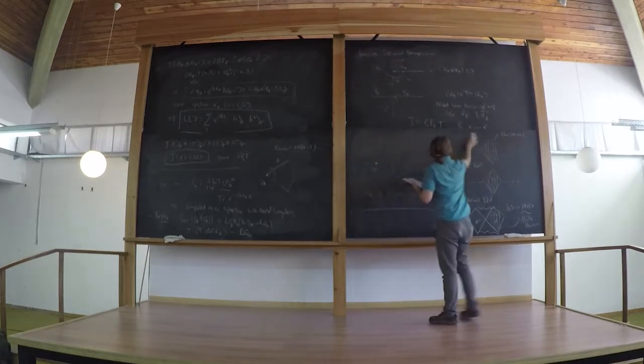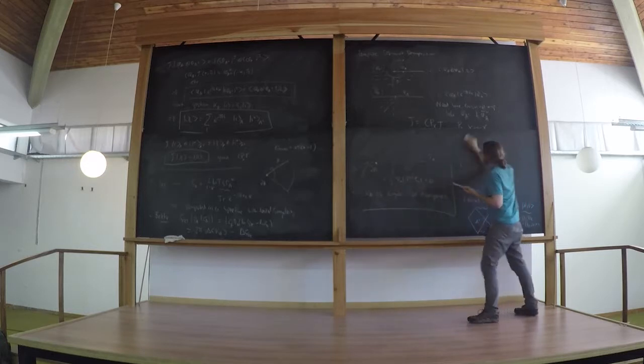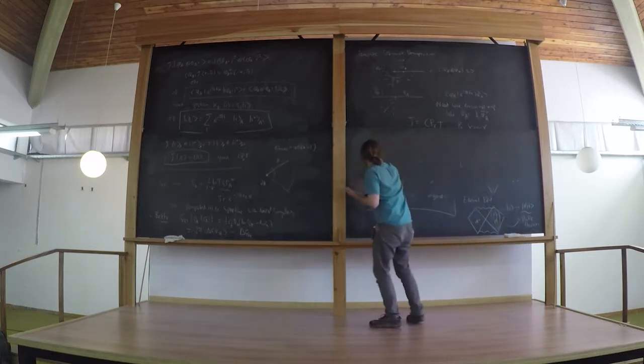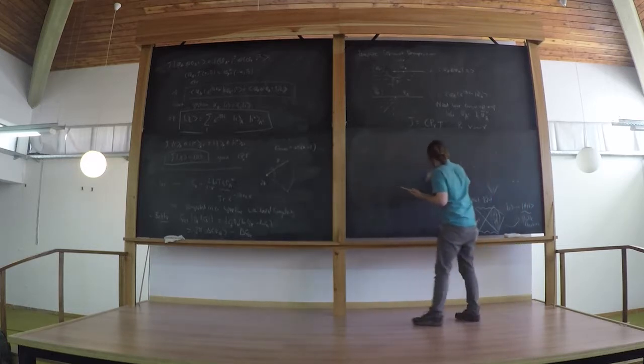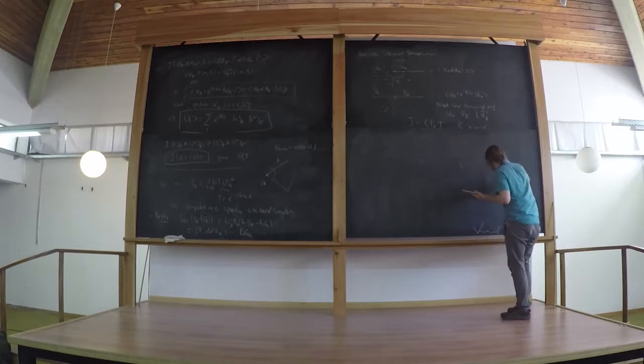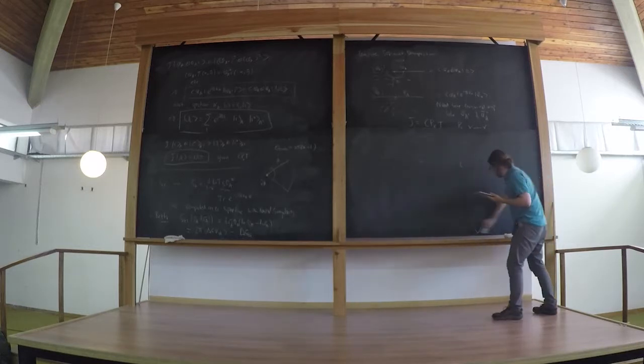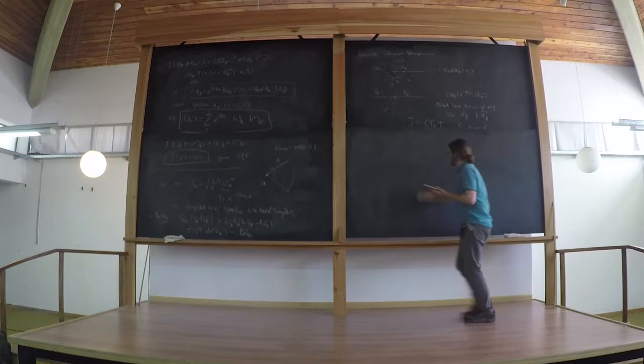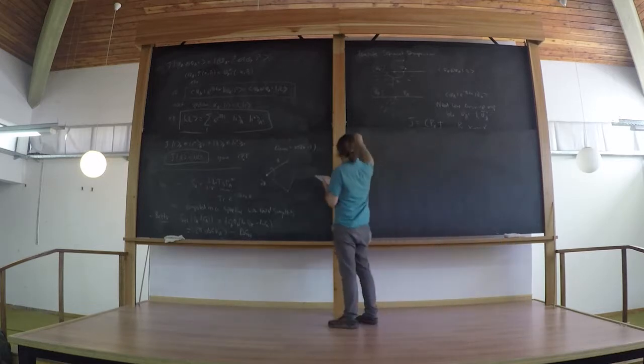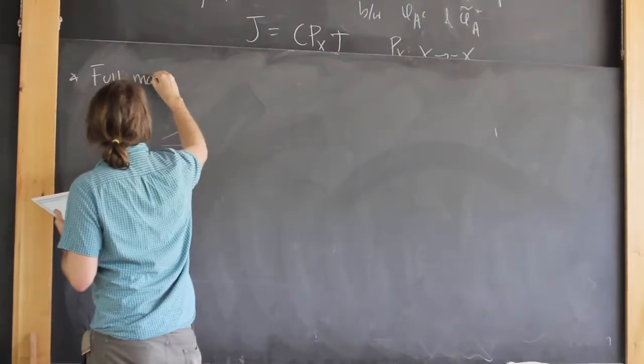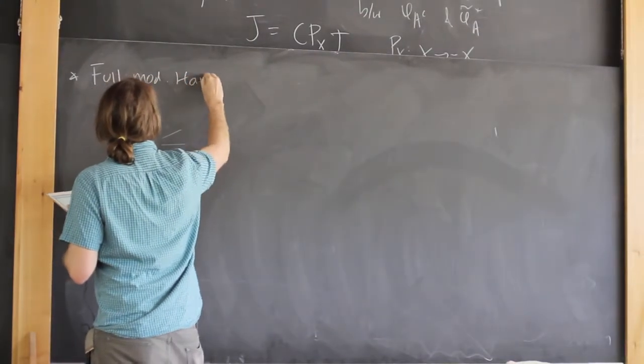So that's one quantity that you can now compute, and another example, which is also well defined, is called the full modular Hamiltonian.